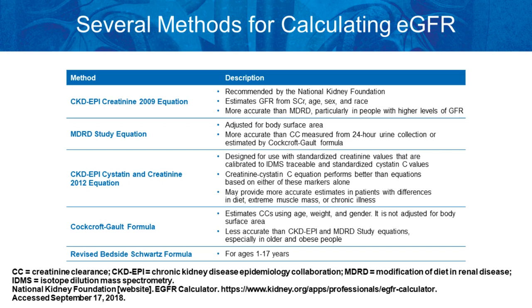This calculator uses not only lab data from the patient, but normalizes it to epidemiologic data that has been gathered over time to provide probably the most accurate method of estimating GFR. There are several other methods, but the standard of care these days is to use the CKD EPI calculator.